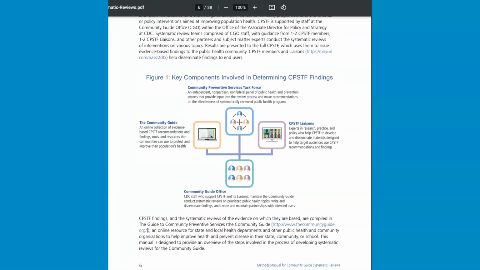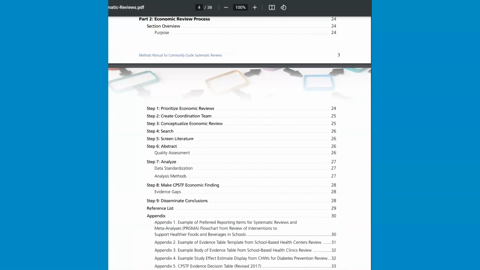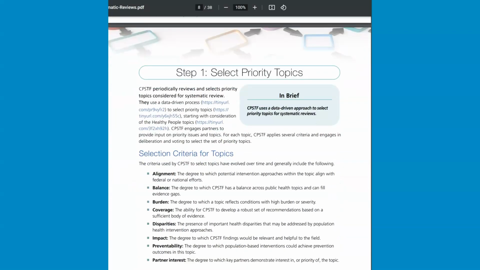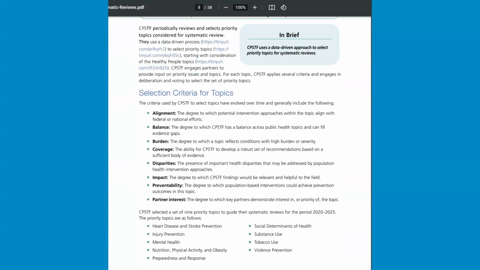So this is actually just showing you how the CDC plays a role with CPSTF to try to provide guidance. This actually shows some of the criteria used to select topics over time.